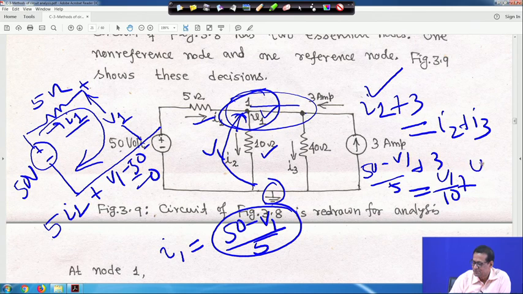I3 is equal to (V1 minus 0), that is V1 divided by 40. So this is your KCL equation, then you replace it by V1 and all these things. In all these equations, this is V1, this is V1, this is V1, you can easily solve for your voltage V1.